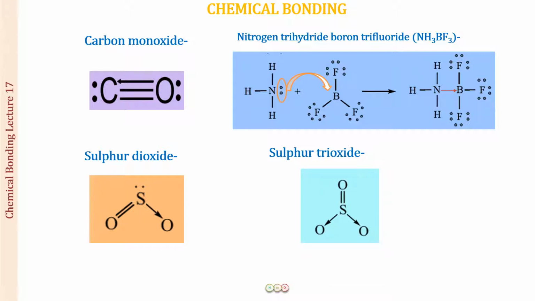Here the lone pair of electrons was still available on the sulfur dioxide molecule, so it can form another coordinate bond with another oxygen atom, and we see the formation of sulfur trioxide by the formation of two coordinate bonds for the two lone pairs of electrons on sulfur. Right? So this is how the sulfur trioxide molecule is formed.